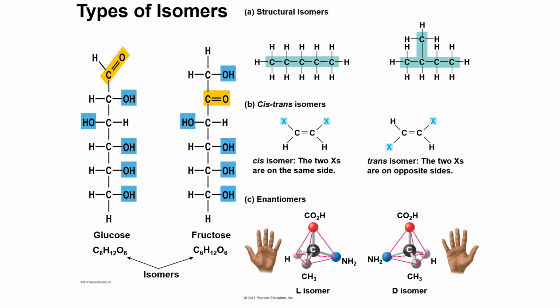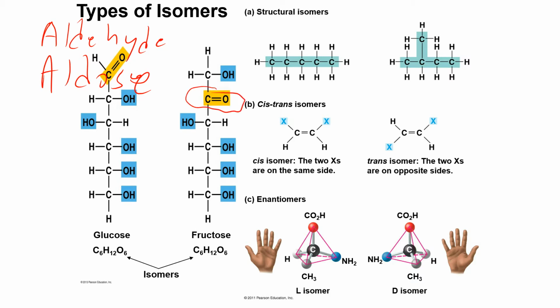So glucose, since this carbon double bond oxygen is at the end, is an aldehyde, which makes this an aldose sugar. And then looking at fructose, since this is found within the backbone of the skeleton, this is a ketone, which makes it a ketose sugar.